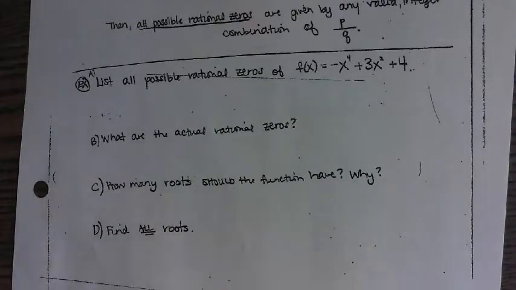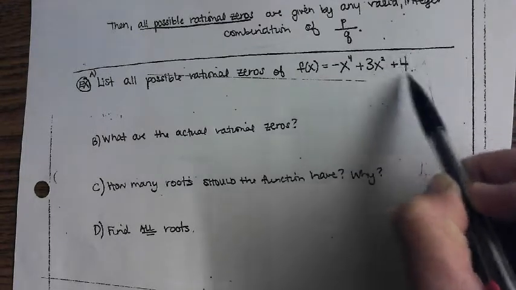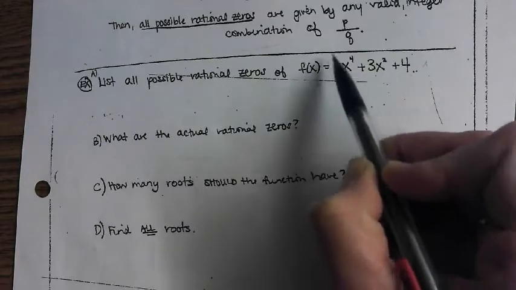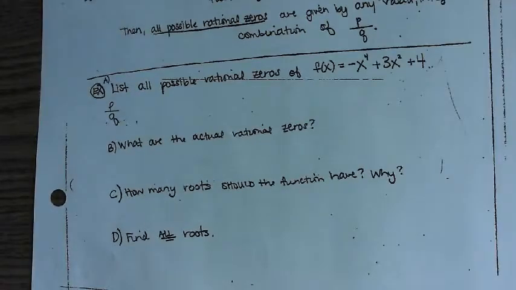So, you'll hear me say over and over again, come up with your P's and your Q's. Your P's are all the factors of your constant, and your Q's are all the factors of your leading coefficient. So, any combo of P's over Q's will be your list.